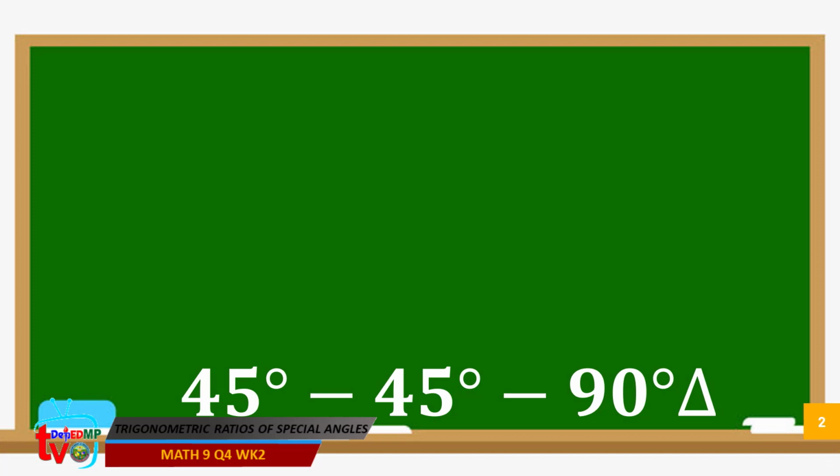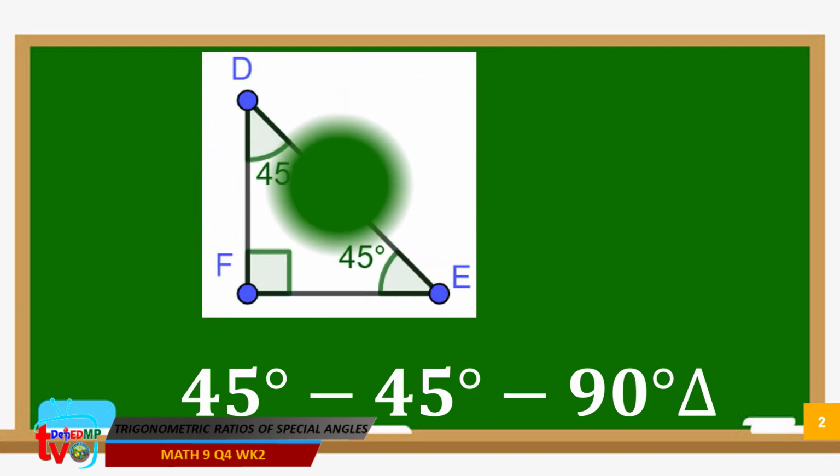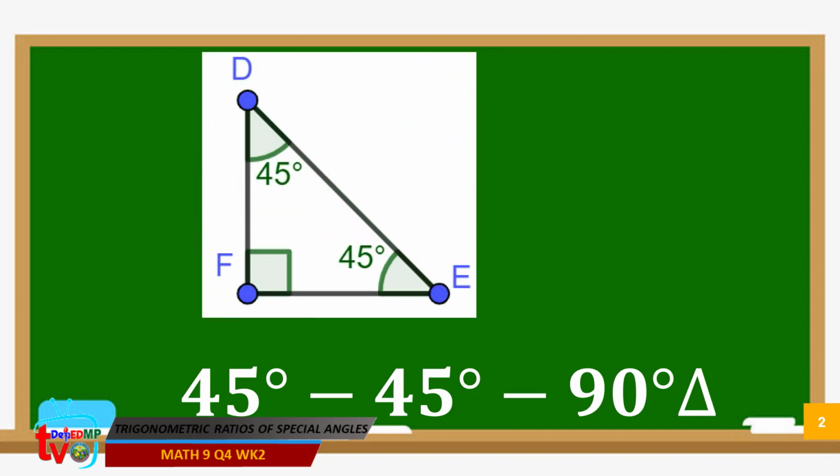Last quarter, we have learned about the 45-45-90 triangle and the 30-60-90 triangle. Let us first try to recall the relationship of the sides and angles of the 45-45-90 triangle. Consider triangle DEF. Which angle is the right angle?